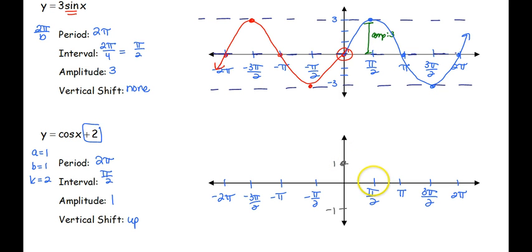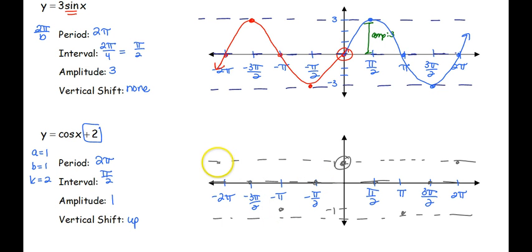Then it comes down, down, up, up, hitting those levels. We have an upper level of 1, a middle level, and then a lower level. It has to stay within those bounds. This is what a general cosine graph looks like with this as your starting point. Down, down, up, up.